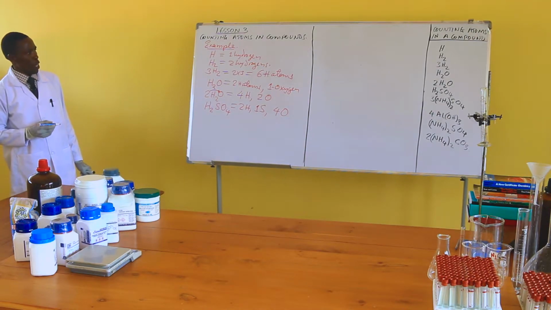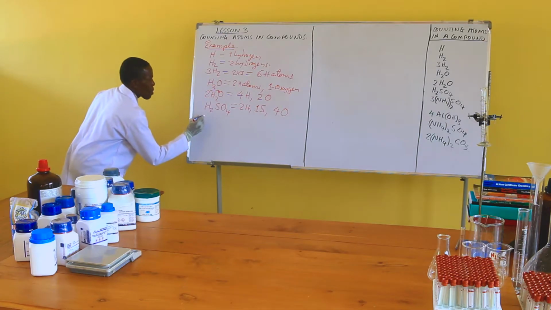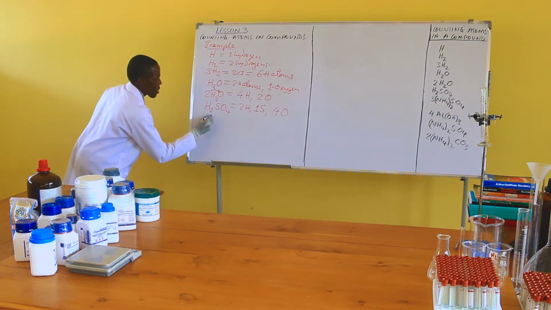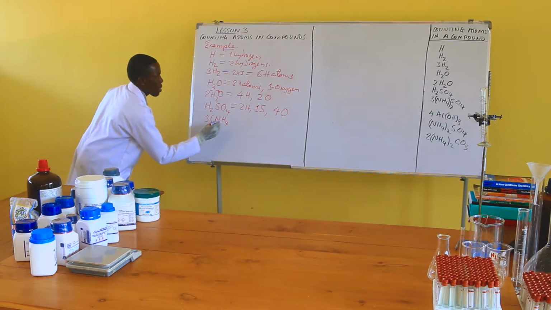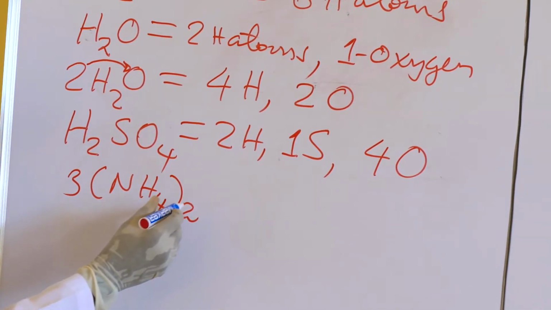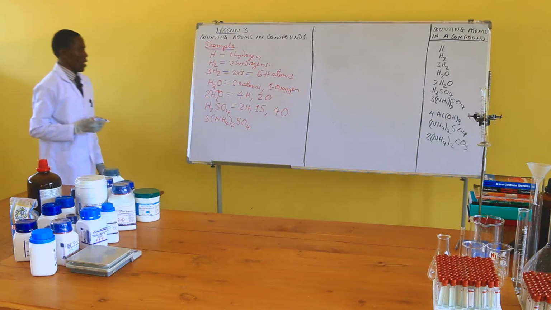Now let me put one somewhat complicated, like maybe it is 3, and then we have ammonium and a bracket. Let me write ammonium sulfate. Assume the chemical formula is like that.